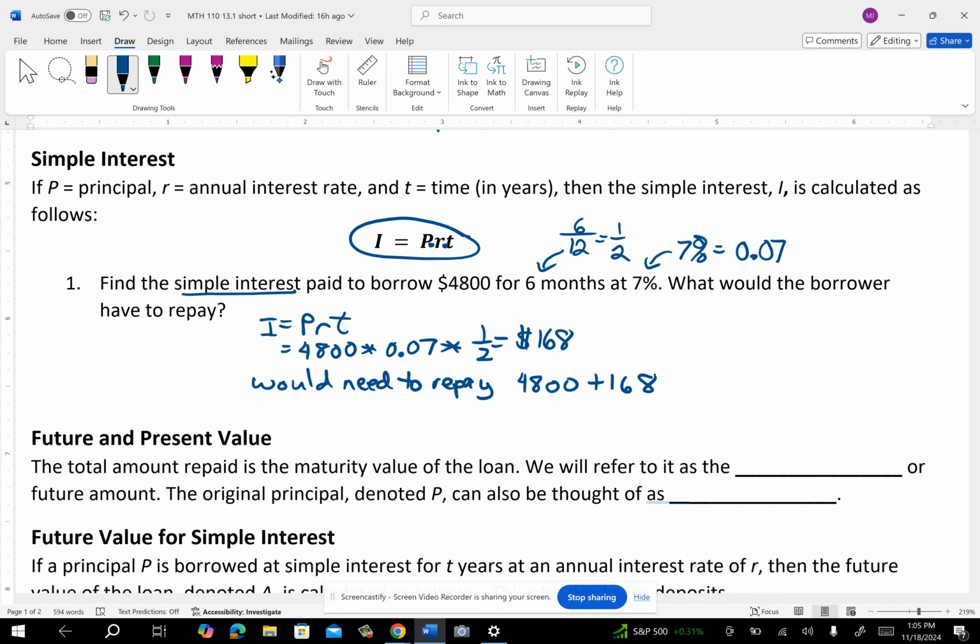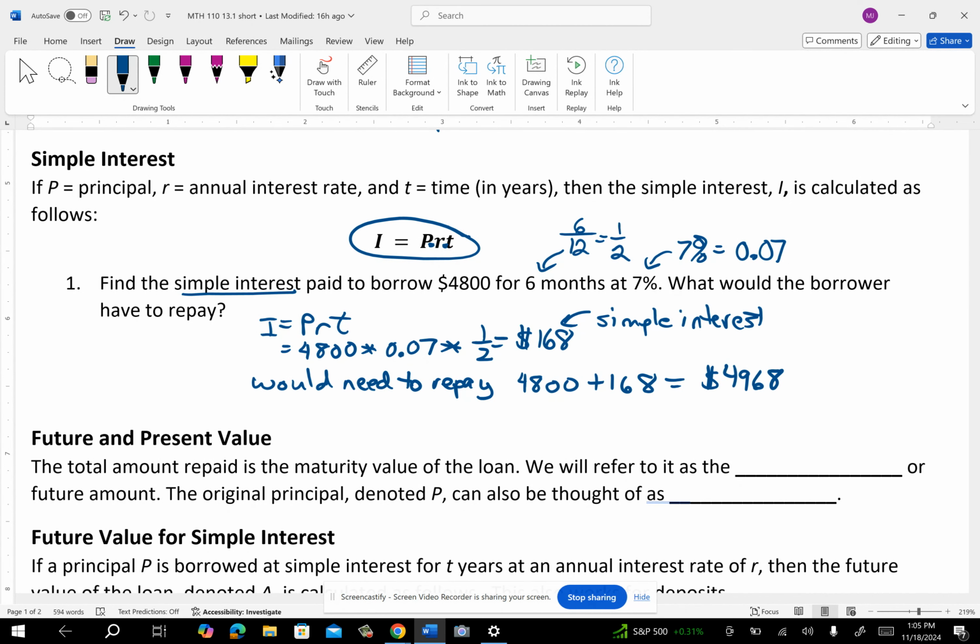So we'd have to pay them a total of $4,968. So this right here, the 168, that is the simple interest we would owe. And then that 4,968 is what we would need to repay.